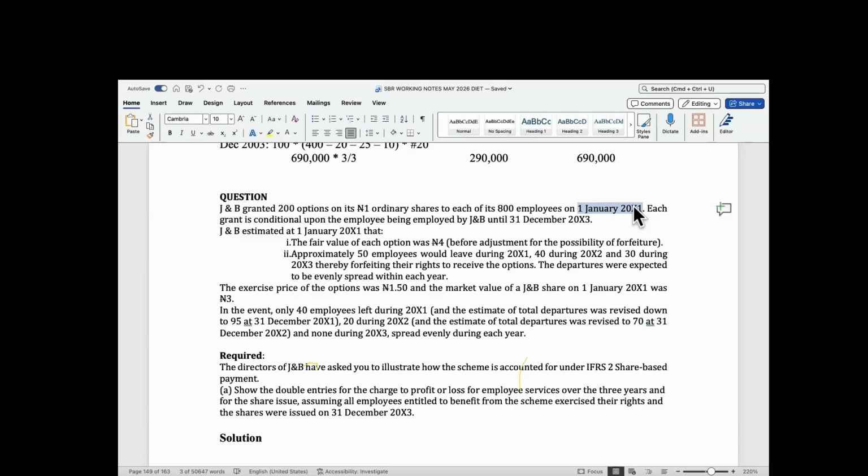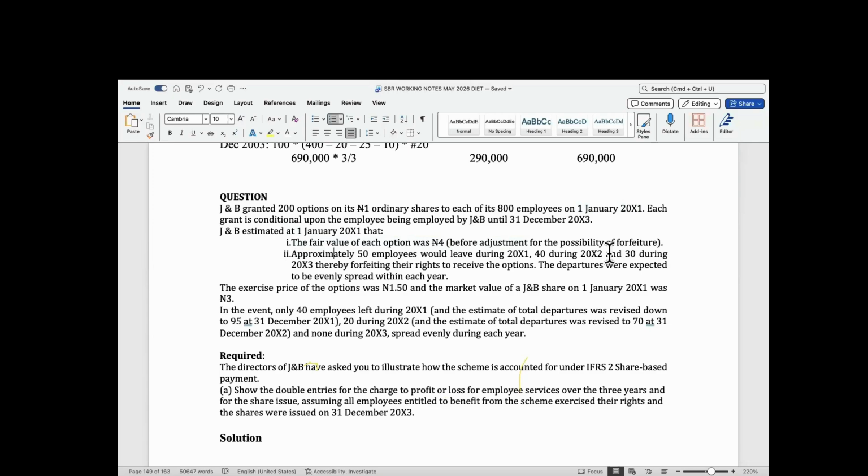We are also told that J&B estimated at 1st January 2001 that the fair value of each option was 4 naira. So this is the fair value of the option at the grant date, because these are estimates at this date. They also told us that approximately 50 employees will leave during 2001, 40 during 2002, 30 during 2003, thereby forfeiting their right to receive options.